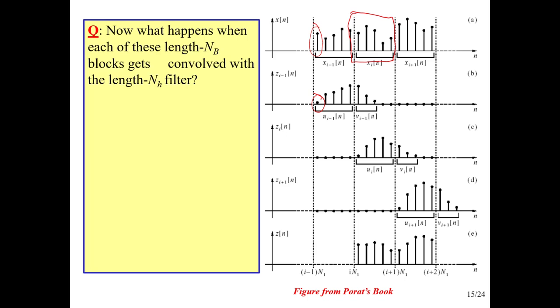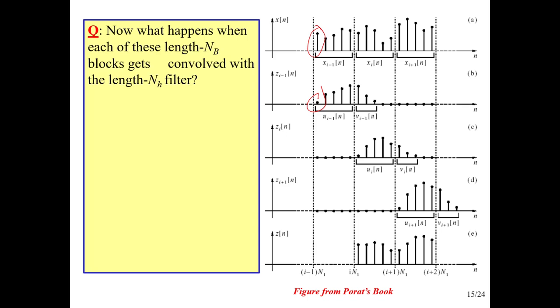That's the common thing. If it weren't, we would just redefine our filter so that it did start at n equal to 0. So there's no point in having a delay in a filter in this kind of application. So that means the output block starts where the corresponding input block started.